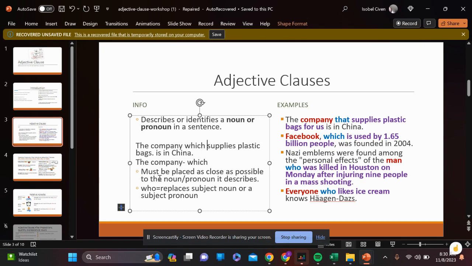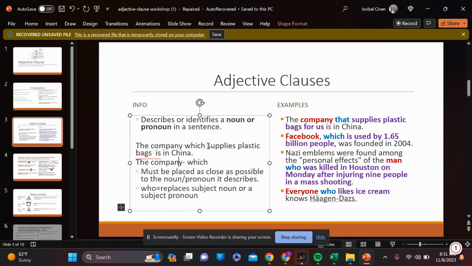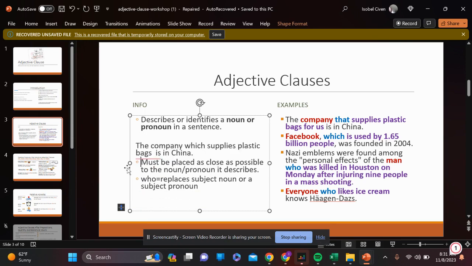And then you need to delete the period, right? And then you have a sentence which has a noun clause. So the noun clause is the one I highlighted, and the main clause is the company is in China. So that is how you connect an adjective clause to a main clause.